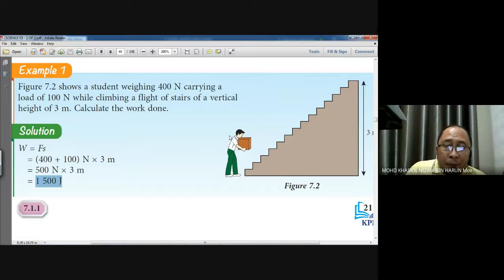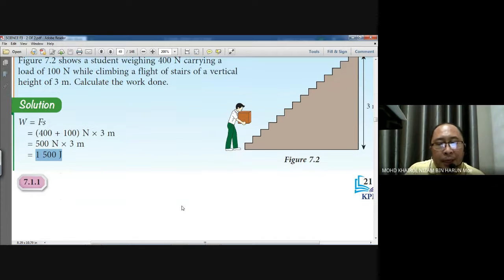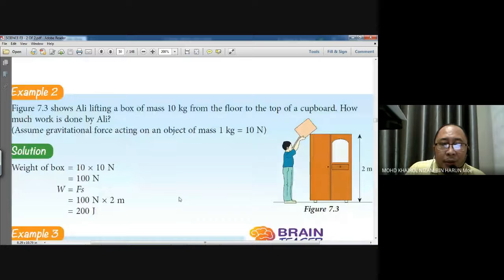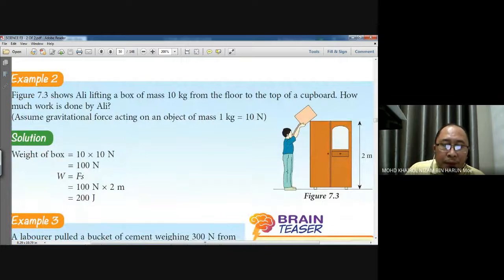But if the movement of an object is combined with the movement of a person, we have to include in the force the combination of the weight of the person and the weight of the object. Same as given in this example 1. Please try to understand this one. Okay, next, you can see example 2. This one.